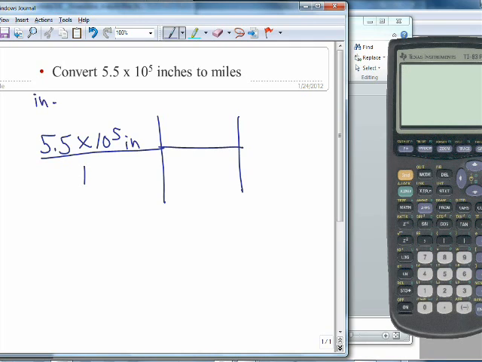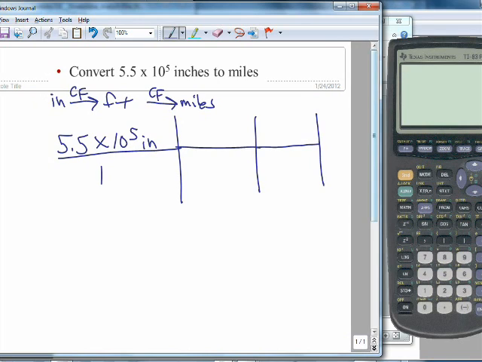I know that I can go from inches to feet, then to miles. So there's going to be a conversion factor here and a conversion factor there. So that means there's going to be 2 of those railroad conversion factors, and we'll get our answer here.